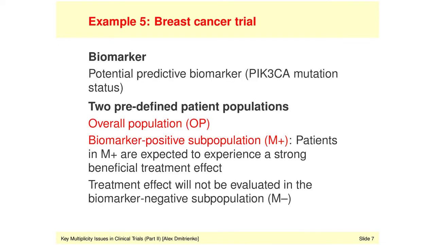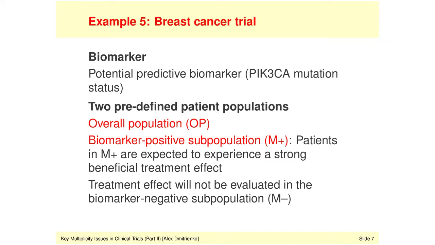Let's begin with the first multiplicity component with two predefined patient populations. We said back in Module A that a biomarker-driven design is employed in this trial. The selected classifier is based on a genetic marker, and at the time of enrollment, patients are classified as classifier positive if gene mutations are identified, or as classifier negative otherwise.